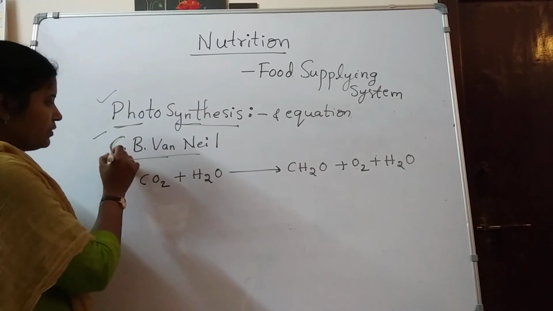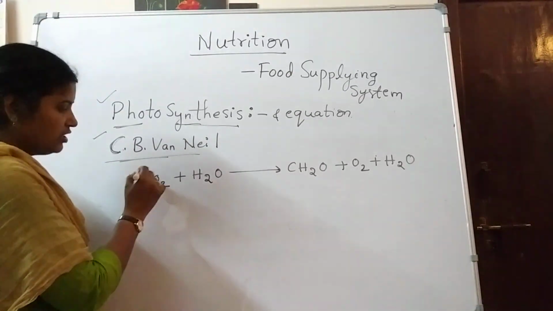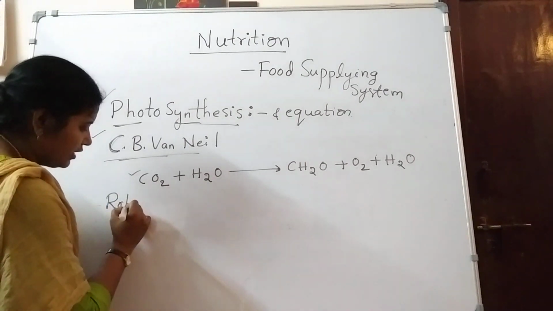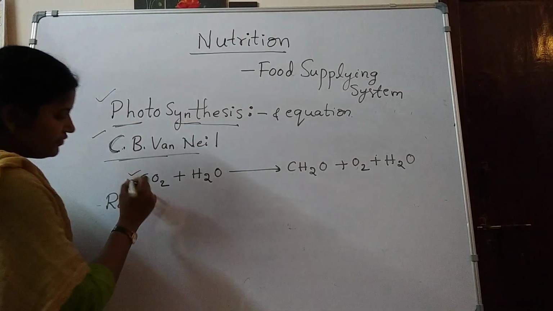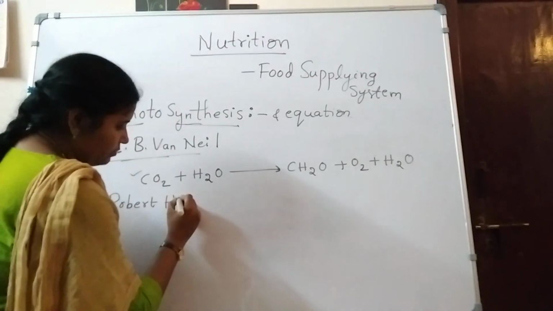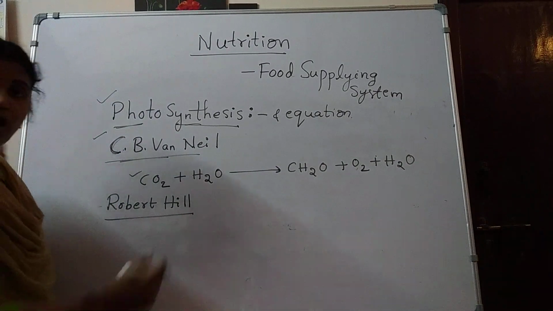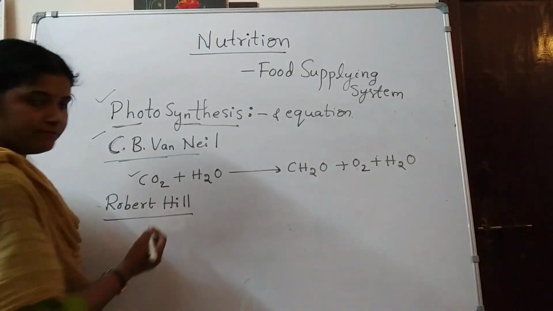So till now we are following this equation proposed by C.B. Van Niel. After that another scientist came forward and he modified this equation. That scientist's name is Robert Hill. Okay, Robert Hill. So how he modified the equation, we will see now.